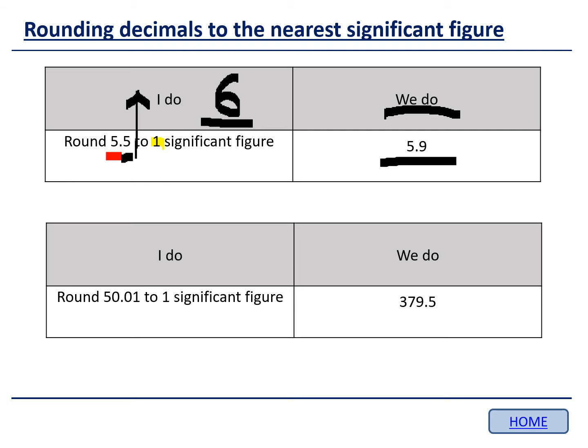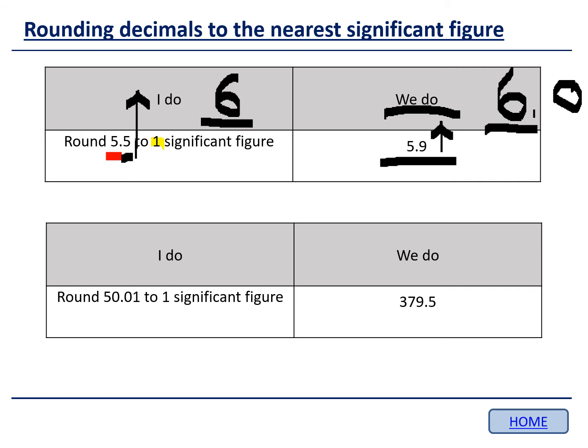The answer would be, again, 6, because 9 is closer to the 6 than it would be to the 5 as a whole number. So it is 6. We could also write it in decimal format, 6.0, but we can write it as a whole number. Also, feel free to use the I do and any other I do's that I complete as a template or examples that you can write down correctly in your book to refer to on the sheets you're working on. Okay, so let's have a look at the next I do.